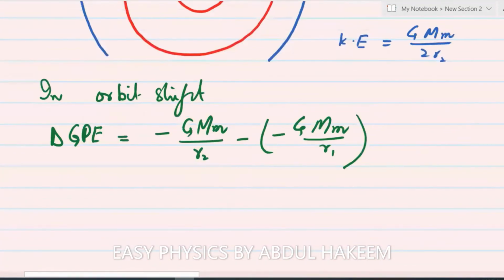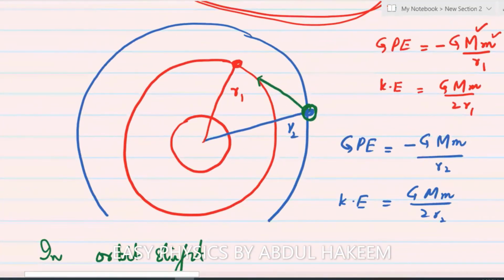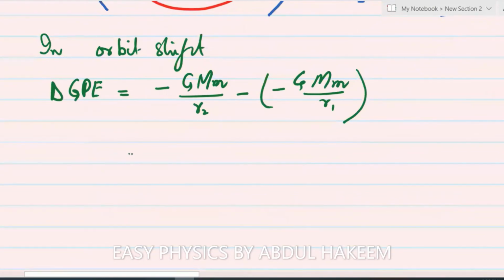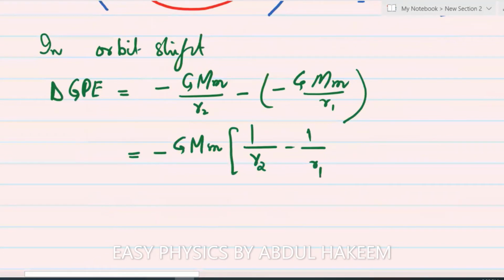So the orbit is changing, it is going from a higher orbit to a lower orbit, so there is a decrease in the potential energy. Now what is common? Minus GMm and 1 over R2 minus 1 over R1. This is the change in its gravitational potential energy.